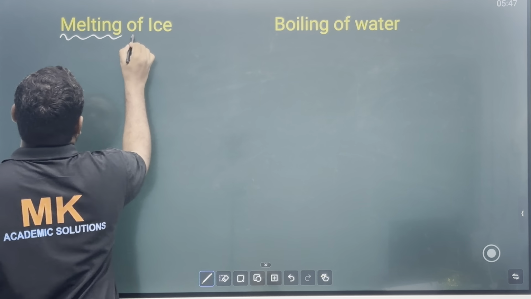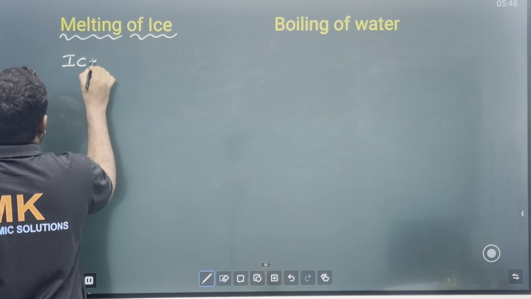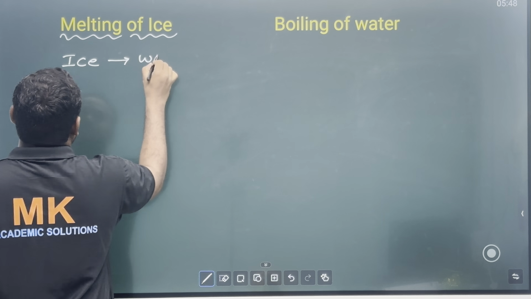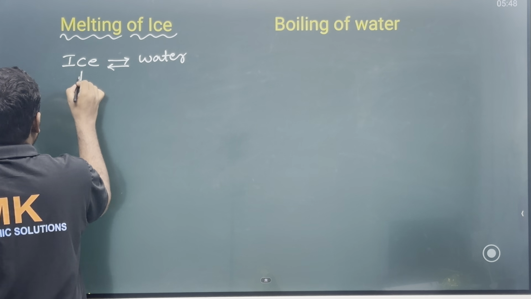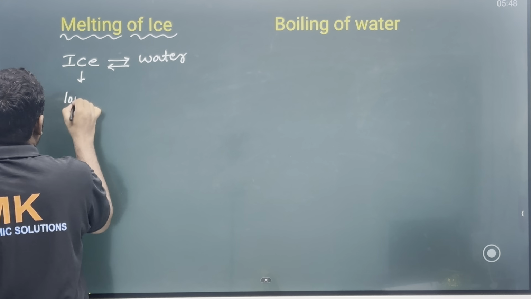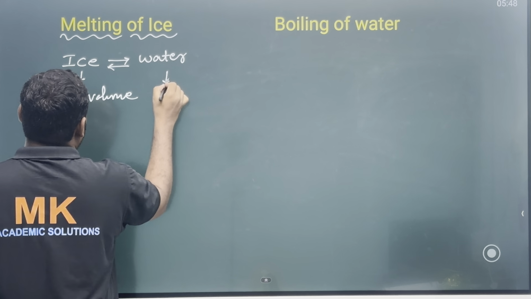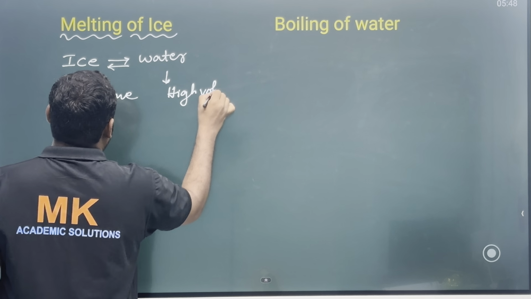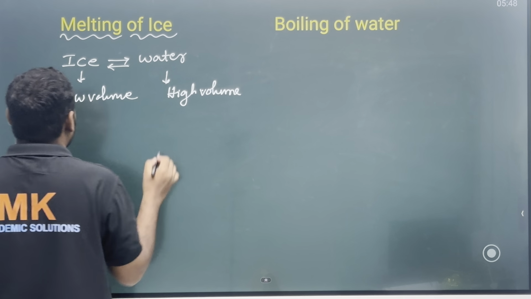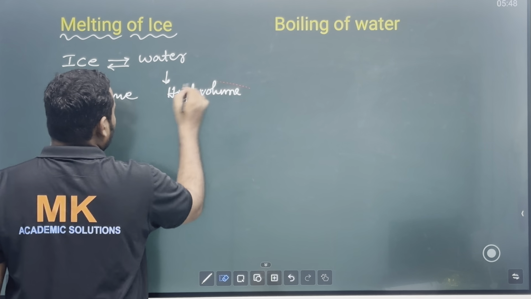What is the melting of ice? Solid ice is converted into water. This process is known as melting of ice. Here ice has low volume and water has high volume. We already know, no, it's wrong, it is totally opposite.